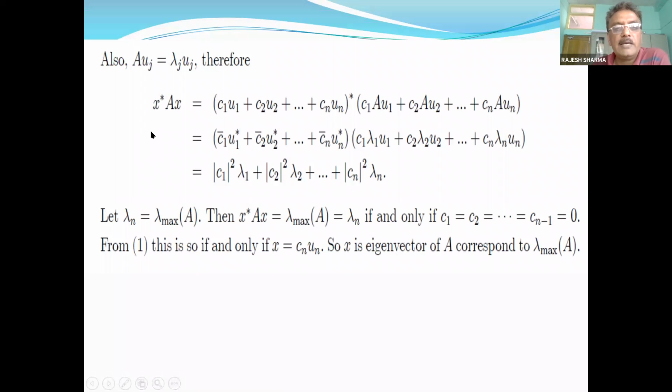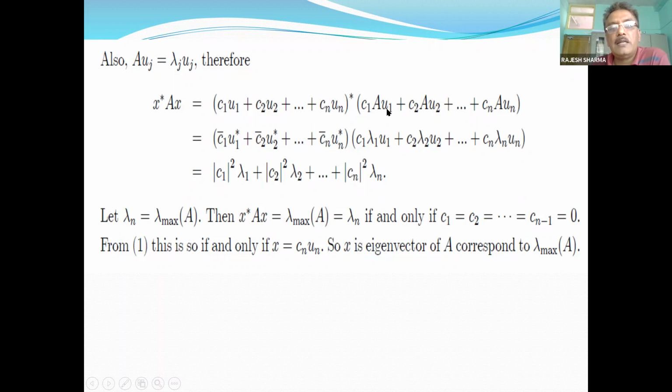Now we calculate x star Ax. That is (C1 U1 plus C2 U2 plus Cn Un) star times (C1 A U1 plus C2 A U2 plus Cn A Un). Here we are writing just x and then star, and here we are writing Ax.